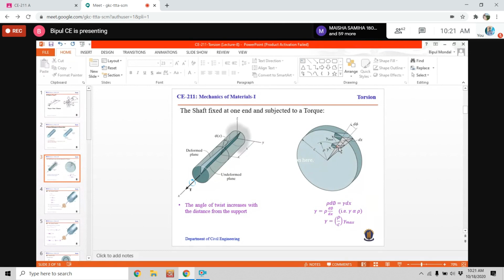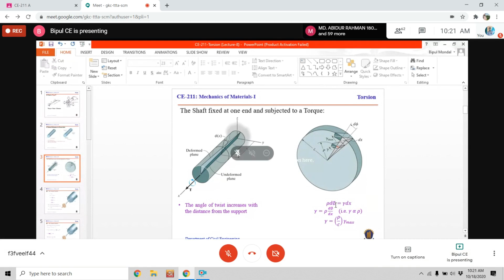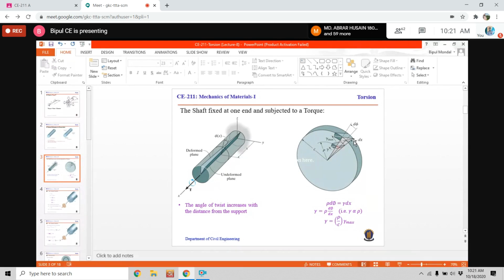So the length of the red line will be rho theta, right? And if the angle is very small, d phi, then the length of the red line will be rho d phi, and the length of this element is dx.